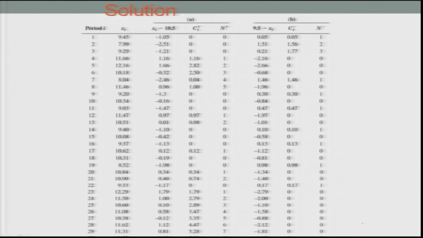Similarly, I do it in the last three columns for the b set of observations. There I take the average value as 9.5, do the calculations accordingly, and find out C minuses and the numbers accordingly.